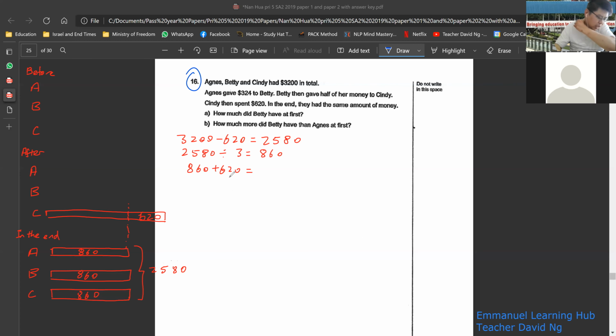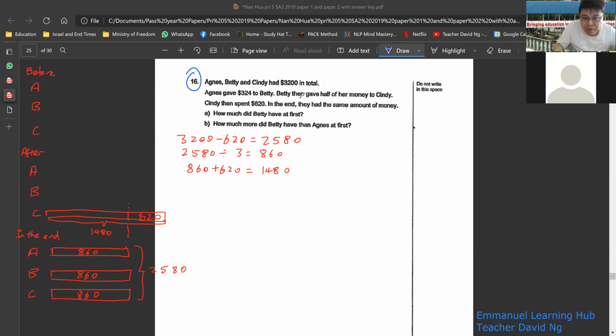Ask your good friend calculator, and your calculator will tell you 1480. So this whole thing is 1480. Then after that, you go back and try to work backwards.